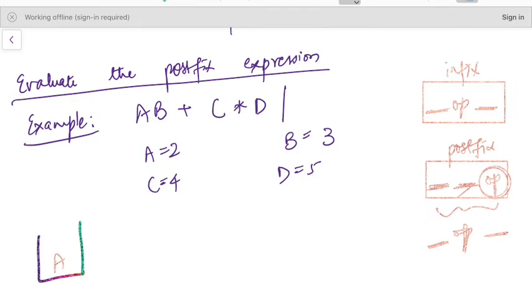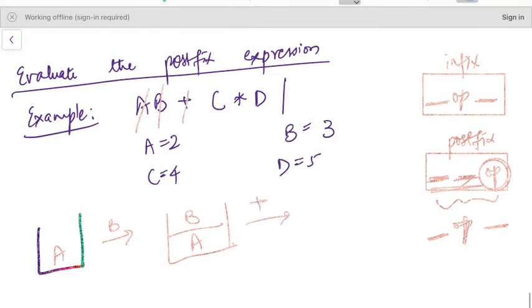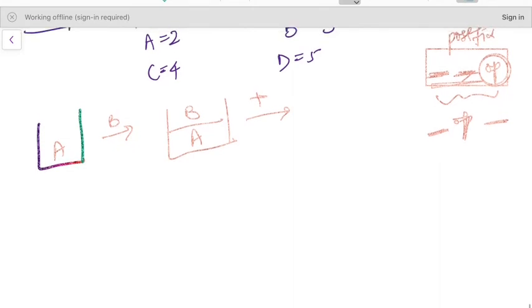So these can be maintained in the stack. This is the first operand, which is moved into the stack, and then here comes B. This is the second operand, so this moves into the stack, and then there comes the operator plus. The things become interesting here.